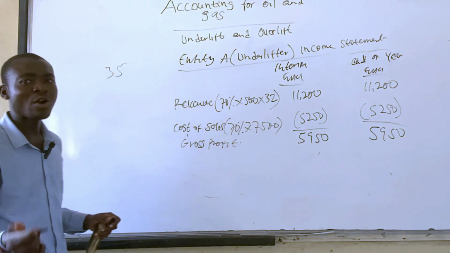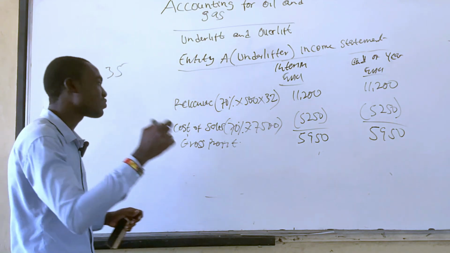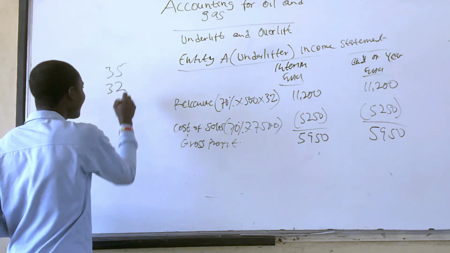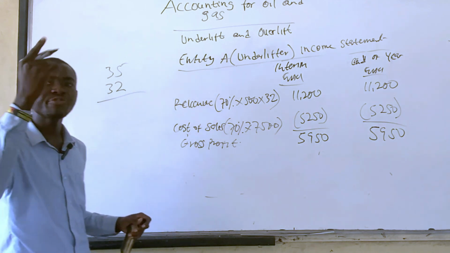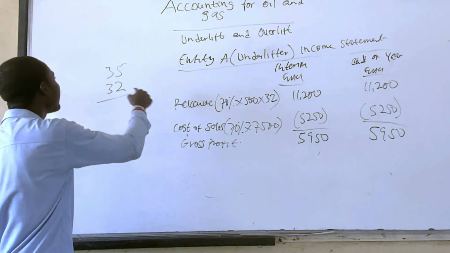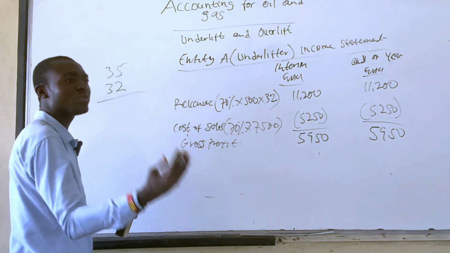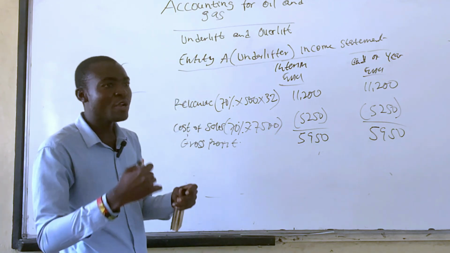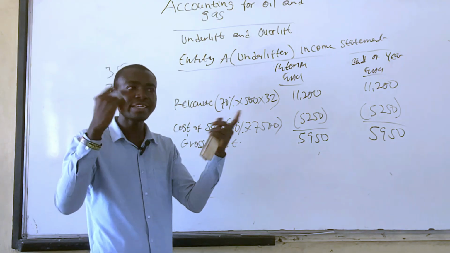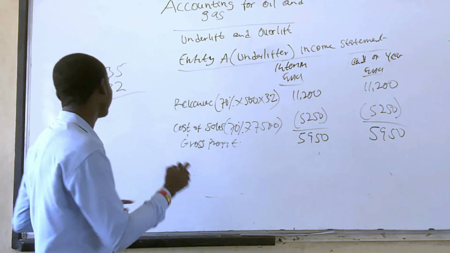At the beginning of the year, or at the transaction day, it was 32 cedis. So entity B, the overlifter, must pay the increment in price to the underlifter, that's entity A, and entity A will recognize it as other income in its books.